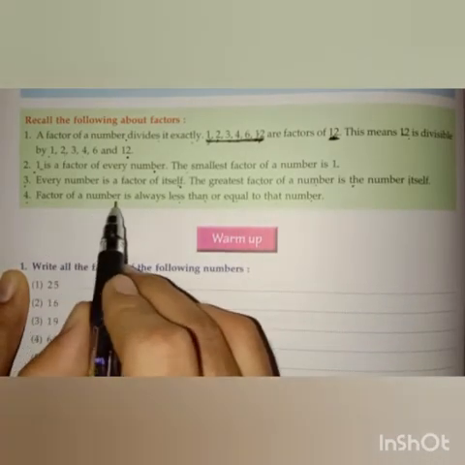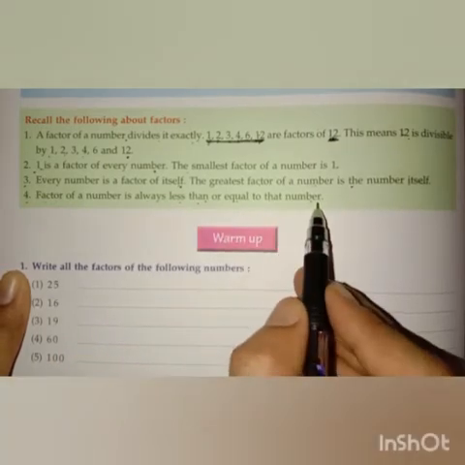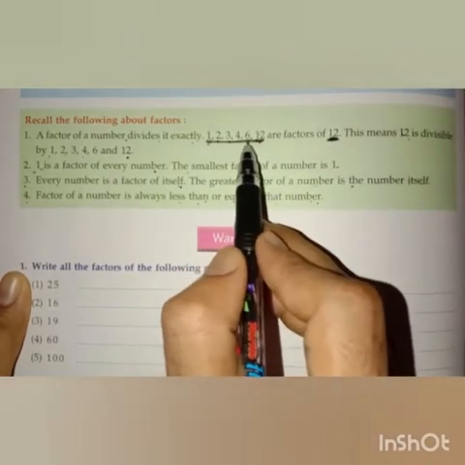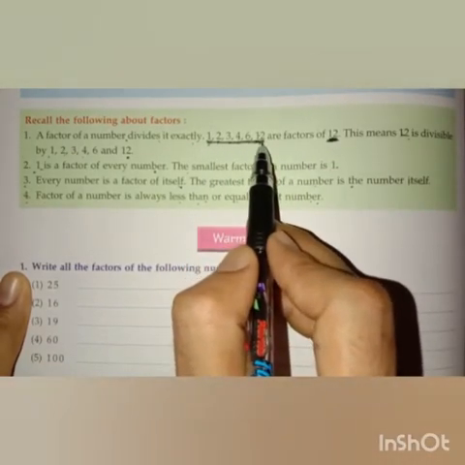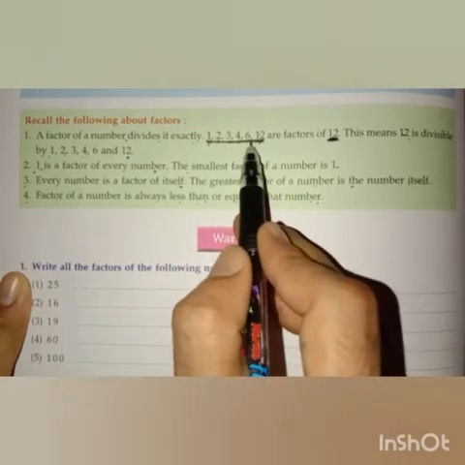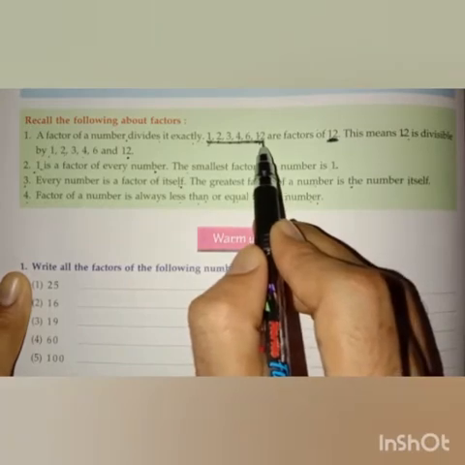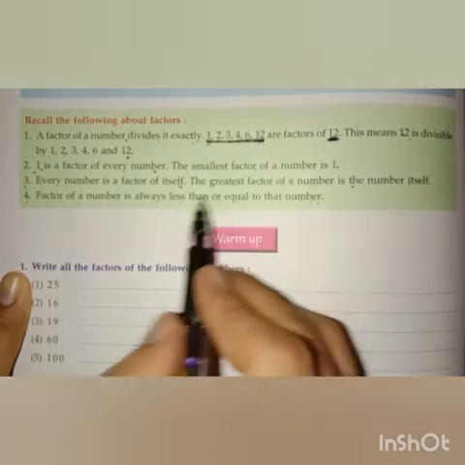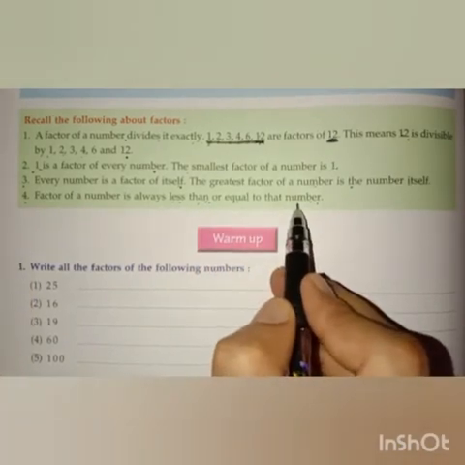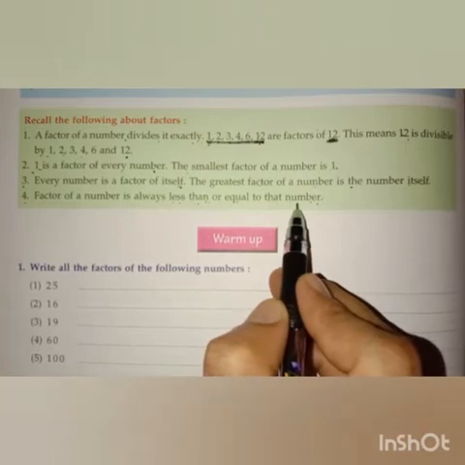See here, factors of 12 are 1, 2, 3, 4, 6 and 12, right? All the factors are less than 12, and one factor is equal. So a factor of a number is always less than or equal to that number. Got it, children? These are the important points regarding factors.